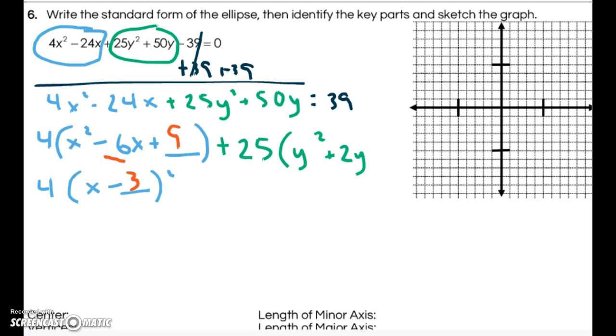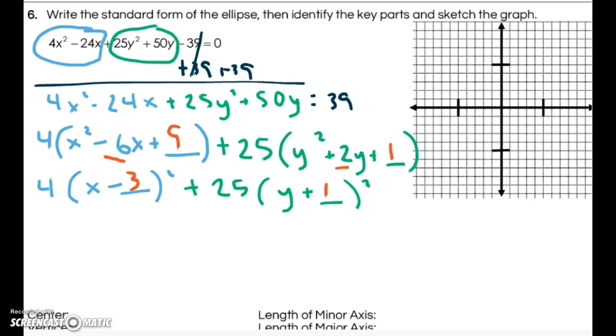So again, I'm going to be looking for a term that helps me complete the square so that I can write this as 25 times y plus something squared. Well, take the 2 and divide it in half. That gives me 1. 1 squared is 1. And that's how I complete the square.